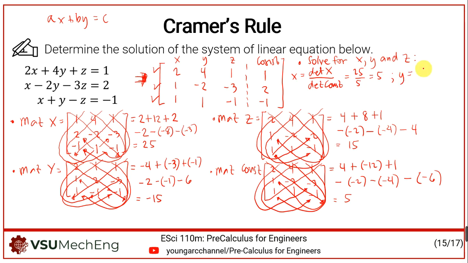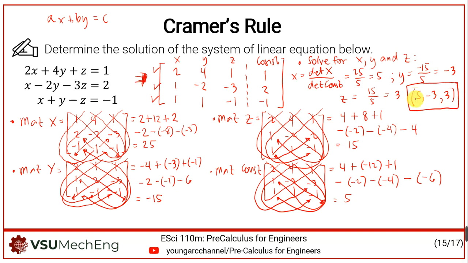For y, we have the determinant of y, that's negative 15 over the determinant of the constant, so that's negative 3. Then for z, we have 15 over 5, that is positive 3. So therefore, the solution of the system of linear equations is represented by the ordered pair whose x value is 5, y value is negative 3, and z value is positive 3.